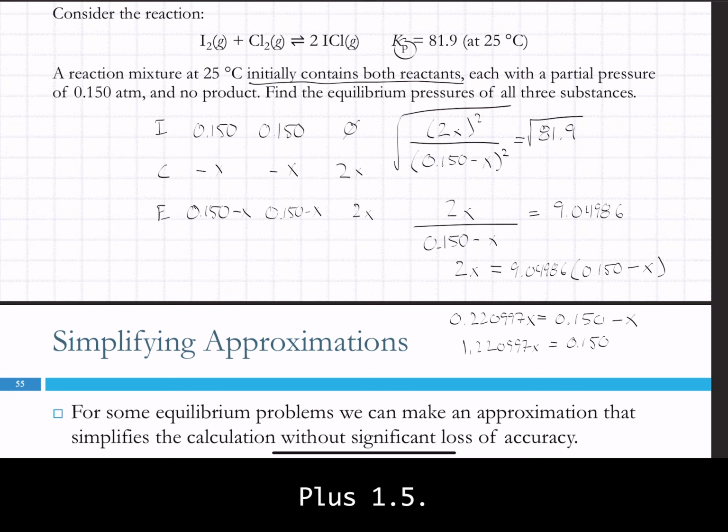Plus 1.5. X equals 0.122850. Yep, and that makes sense.